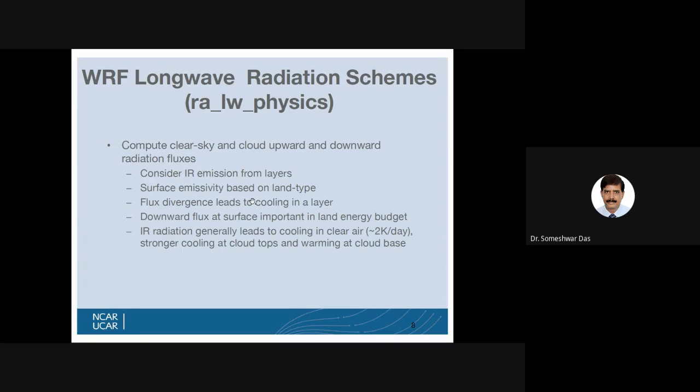Because emissivity, as you know, will depend upon the type of land surface, whether it is vegetated or bare land or covered by snow or sandy, etc. Flux divergence leads to cooling in a layer. Downward flux at the surface is important in the land energy budget. It computes the land energy budget where the downward flux of radiation is very important.